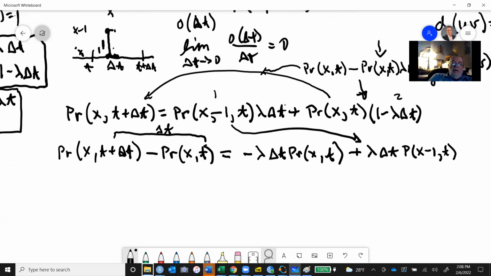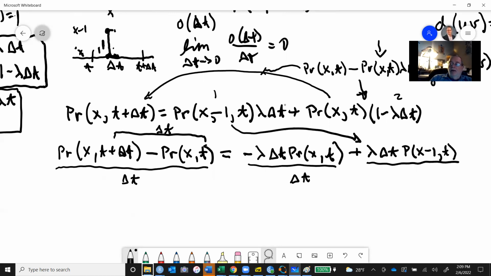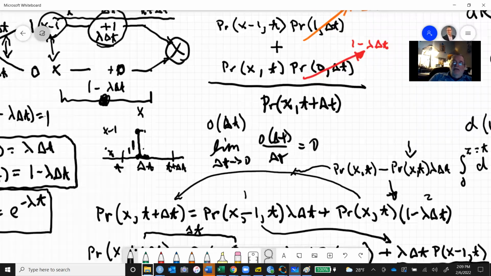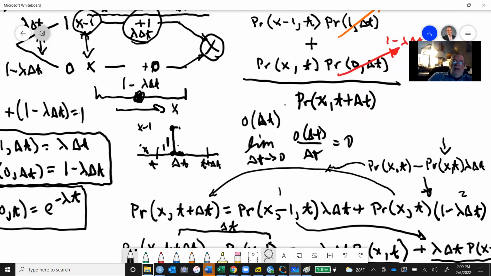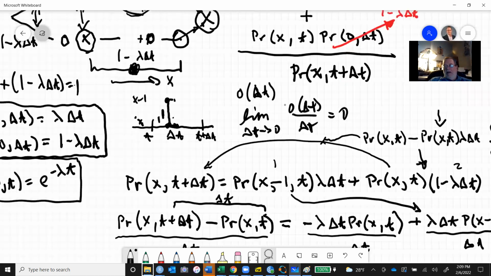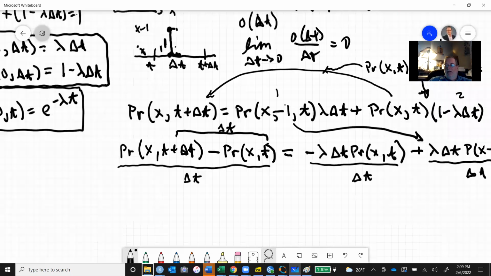Now, if we divide this equation, both sides, by delta t, we do each of these probability statements, and here's a difference. We want to know the difference in this probability going from here to here, still ending in x. That's the difference in that very small time frame. Very, very small time frame.